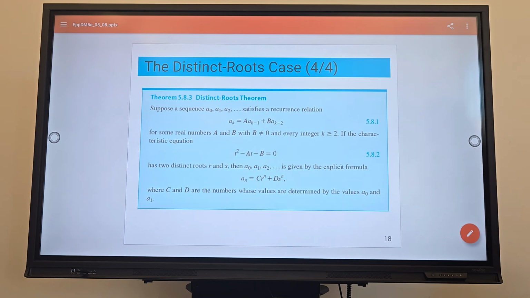If the characteristic equation t squared minus at minus b equals 0 has two distinct roots, r and s, then the sequence a0, a1, a2, etc. is given by the explicit formula a sub n equals c times r to the n plus d times s to the n, where c and d are the numbers whose values are determined by the values of a0 and a1.